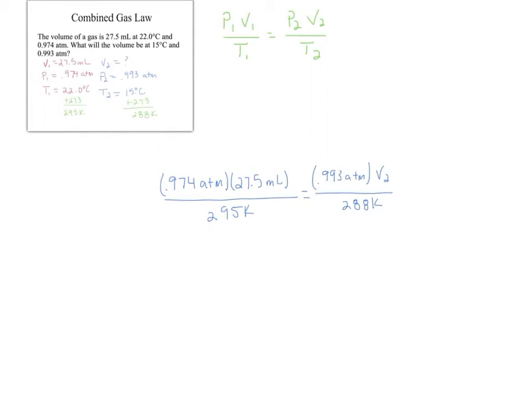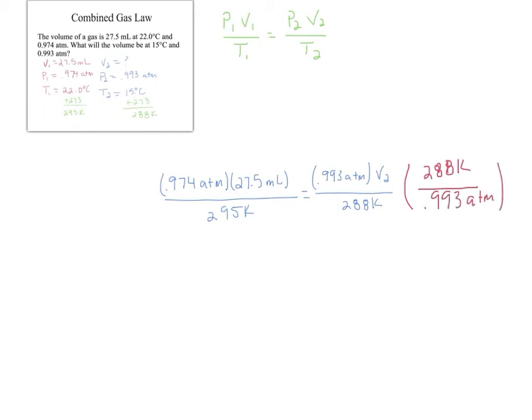Now that I made the problem a bit smaller, now we can solve for our unknown variable. So I'm going to multiply by the reciprocal here to get V2 by itself. So the reciprocal just simply is 288 Kelvin over top of 0.993 atms.